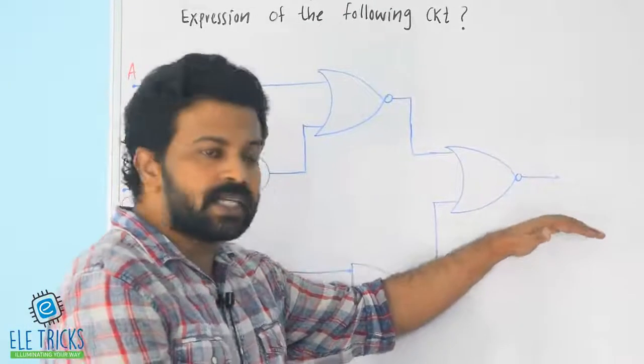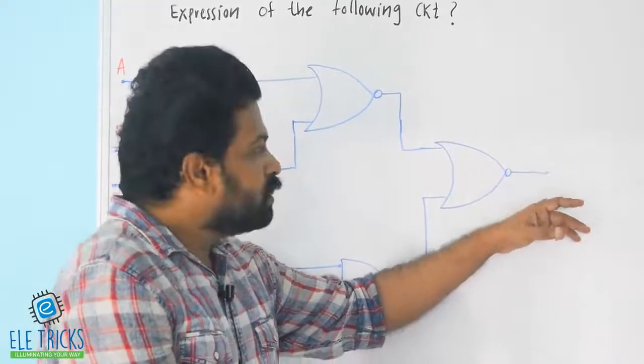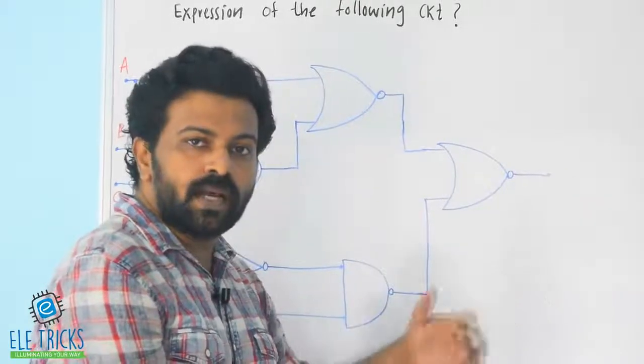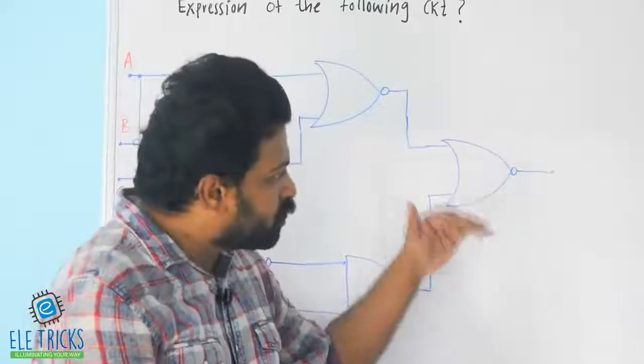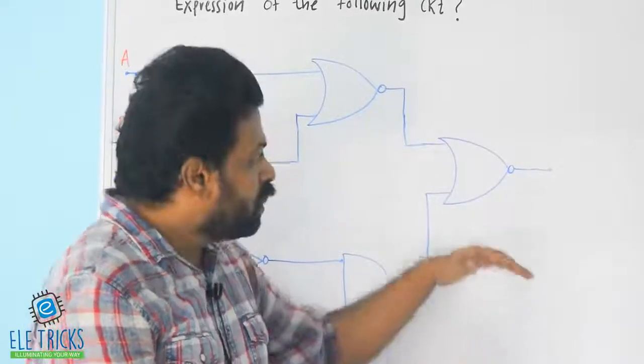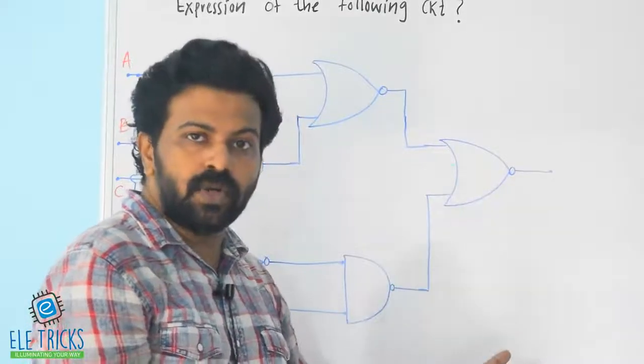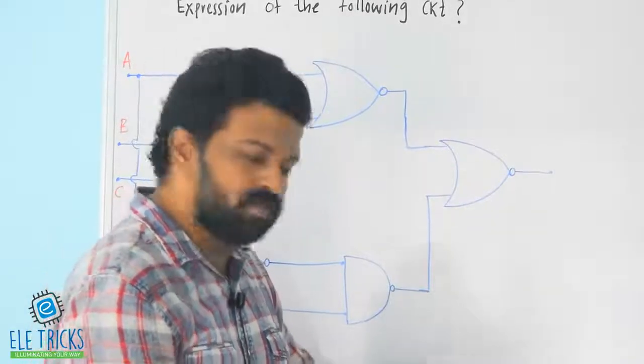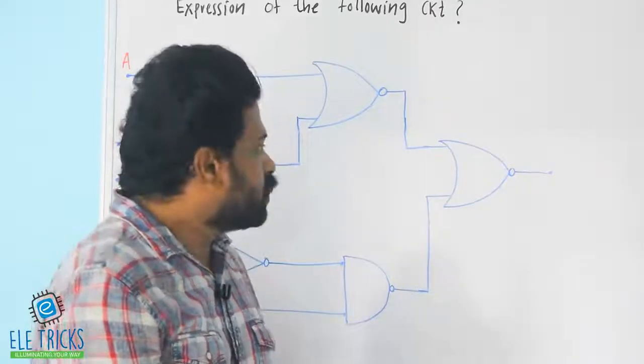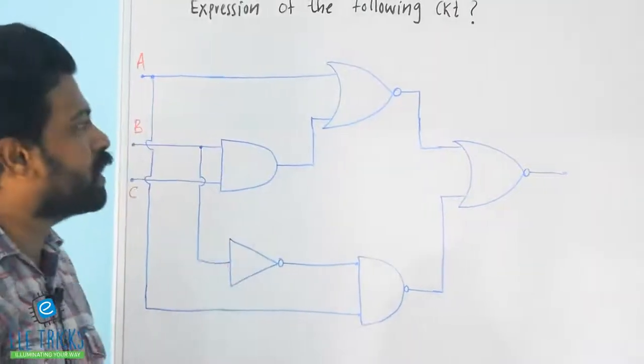Then, using De Morgan's rule and other simplification techniques, we will come to a simplified answer. From the output expression, we will simplify it using the normal Boolean identities and we will come to the most simplified answer. So that is the conventional way of doing this particular problem.